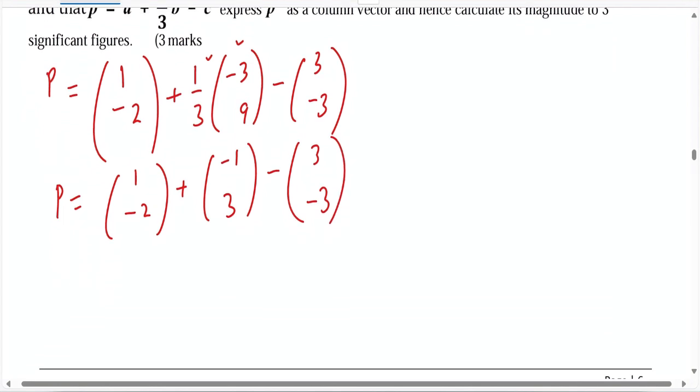So 1 minus 1, 1 plus minus 1 ni ngapi? Si ni 0, na 0 minus 3 ni minus 3. Kumbuka 1 plus minus 1 ni 0, minus 3 ni negative 3. Negative 2 plus 3 ni 1. 1 minus minus 3. Kumbuka kuna minus. So 1 minus minus 3 ni 1 plus 3, which is basically 4. So your P is this one.